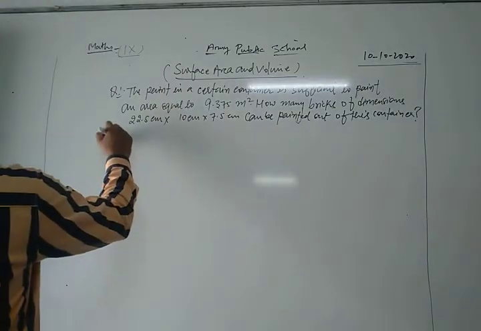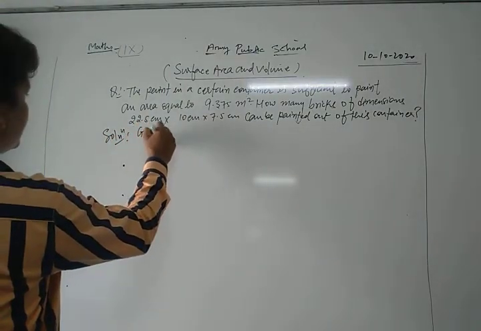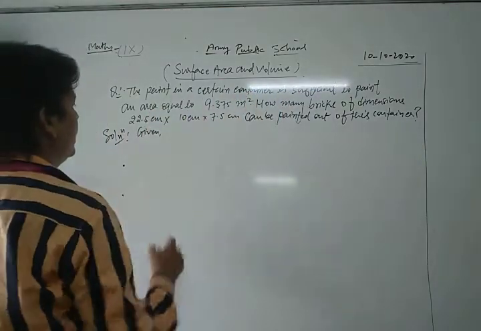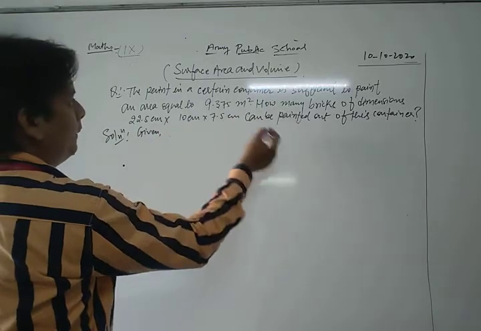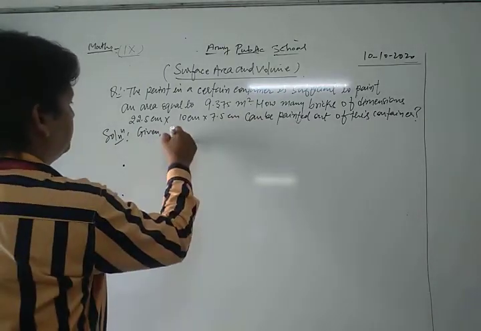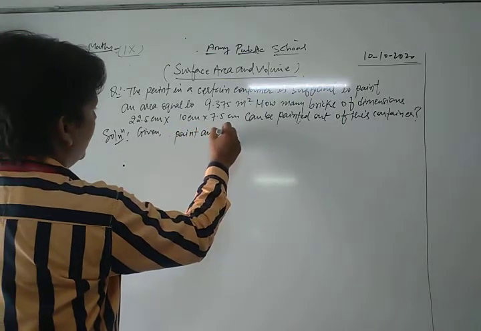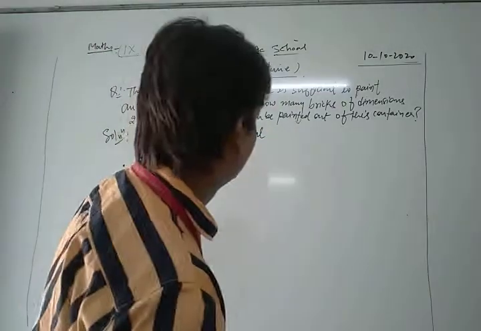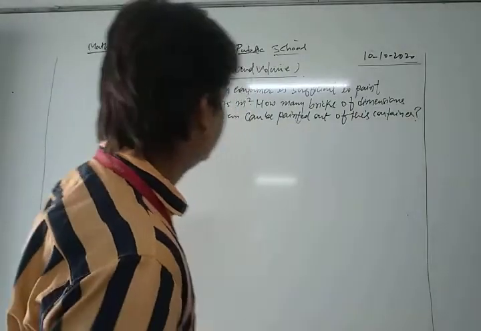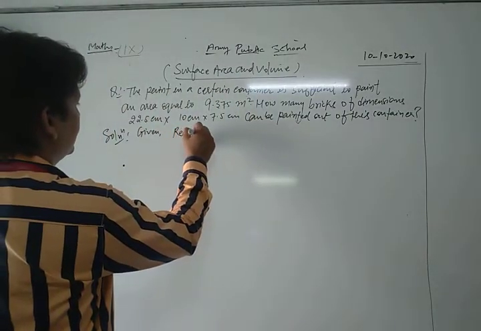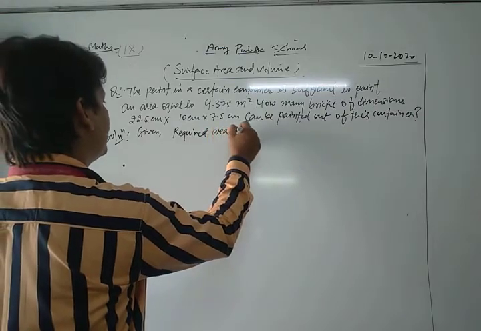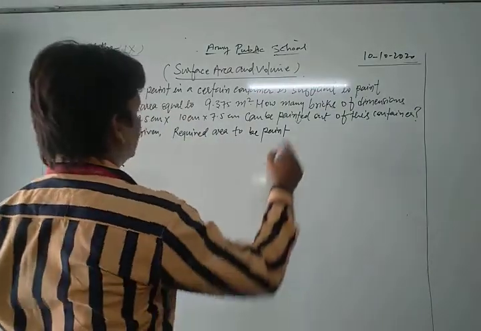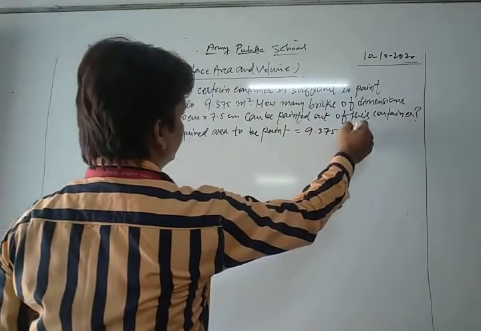First of all, let's see what is given. Here the paint in the certain container is sufficient to paint an area equal to this, that is, the required area to be painted is 9.375 meter square.